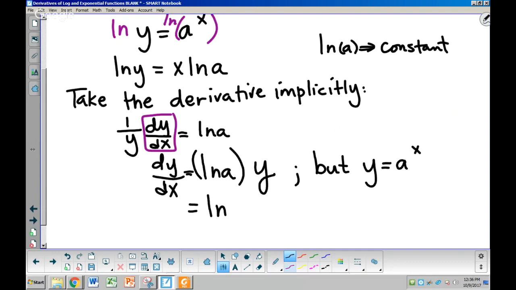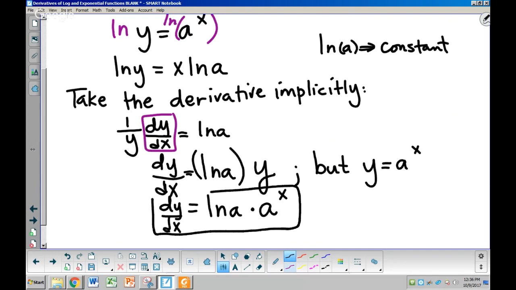So that's going to be natural log of a times a to the x is dy/dx. So if you have a base other than e, the derivative is going to be the natural log of the base times a to the x. Let's pretend our base was e. It would be the natural log of e, which is 1, times e to the x. So you could even use this for e, but e is so much nicer.